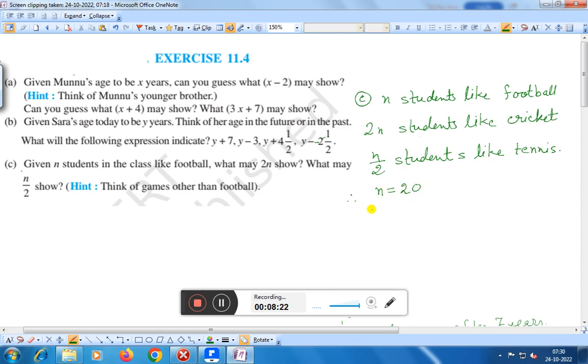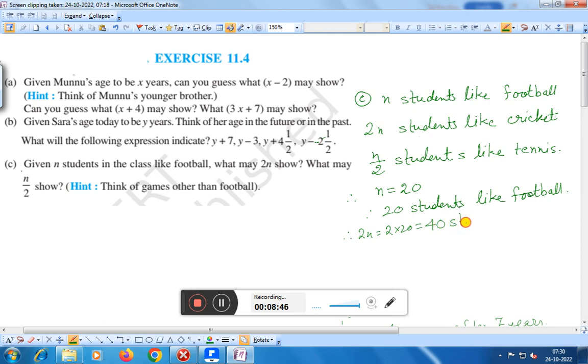That means we can say that 20 students like football. And 2n means 2 into 20. Therefore 2n is equal to 2 into 20 is equal to 40 students.